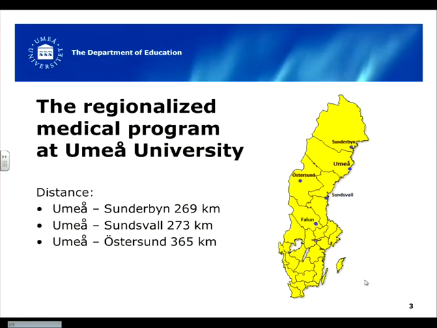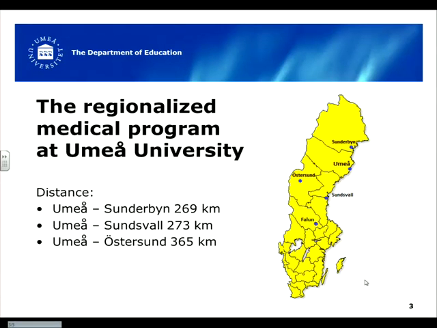The regionalized medical program started in 2011. And it means that from the sixth semester at the medical program, students are placed at 4 study locations. Originally, they are all in Umeå for 5 semesters. And then 10 students are located in Sunderbyn, 10 in Östersund, 10 in Sundsvall, and the rest are still in Umeå.